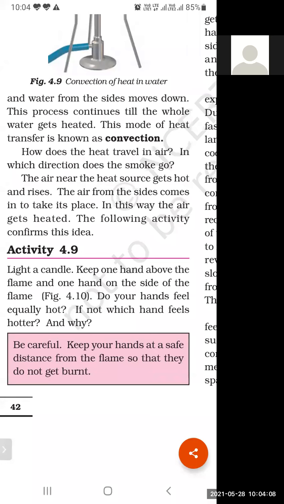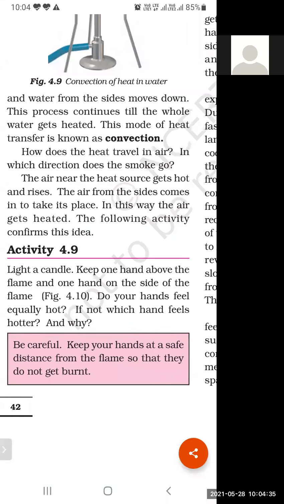Do your hands feel equally hot? Do you feel an equal amount of heat coming? You can see in your observation that an equal amount of heat is not coming. When the hand is above the flame, it receives more heat. When the hand is at the side of the flame, it receives less heat.